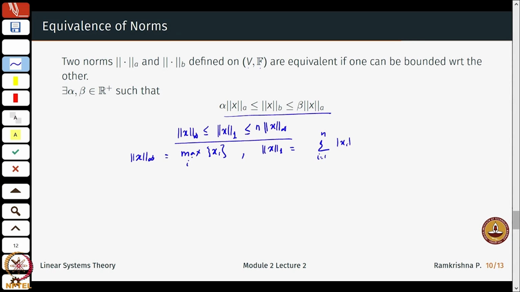So, let us assume without loss of generality that the infinity norm is just the first element. It can be second, third, whatever, just for simplicity I am writing it this way. So therefore, the 1 norm of x is now, okay, I should do it this way.